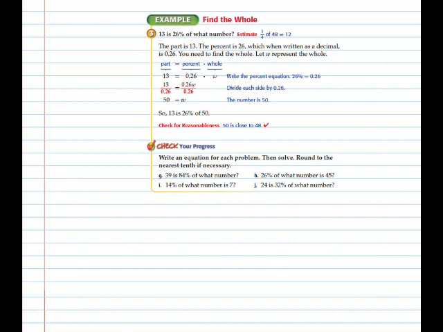Third example, find the whole. 13 is 26% of what number? Our estimate, 26% rounds to 1/4. 1/4 of 48 is about 12. We know the part, 13. We know the percent, which is 26. We change that to a decimal, 0.26.